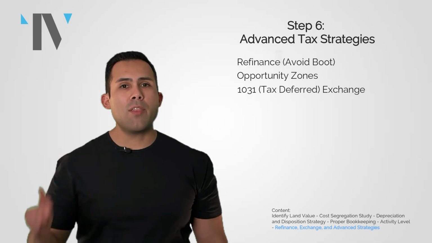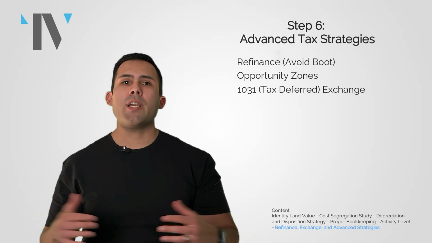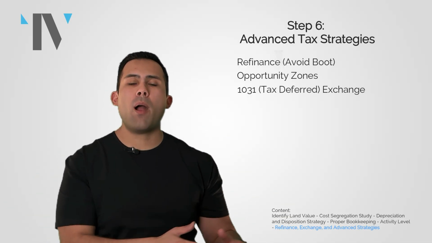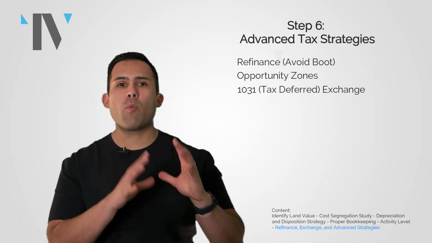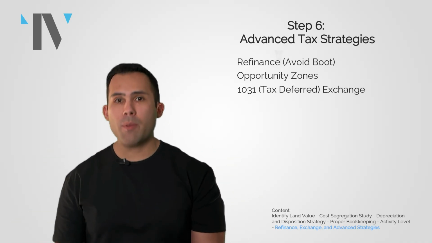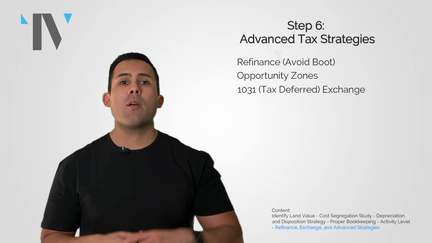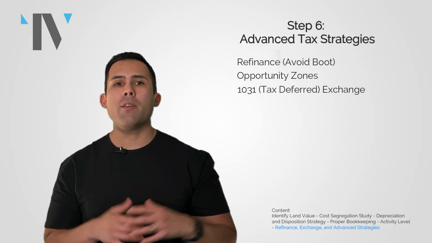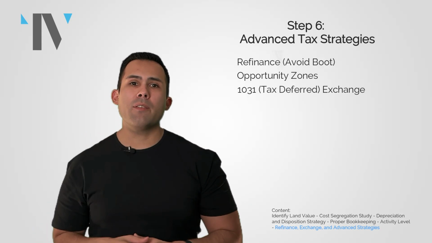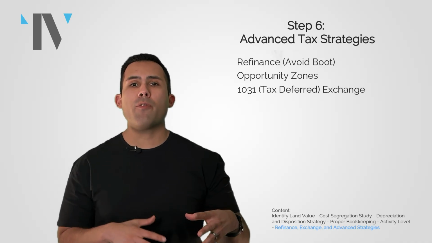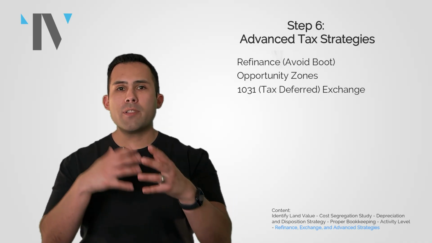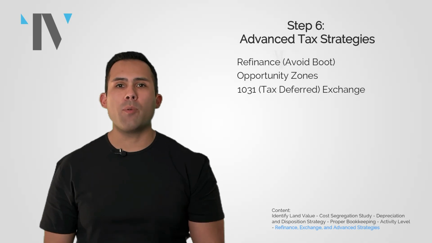Number three, the 1031 exchange or like-kind exchange. Sell one investment property and defer that gain by rolling proceeds into a replacement property that's like-kind, that is of greater or equal value. If the replacement is of lesser value, you can still defer some of the tax, but the difference is called boot and in fact will be taxable.